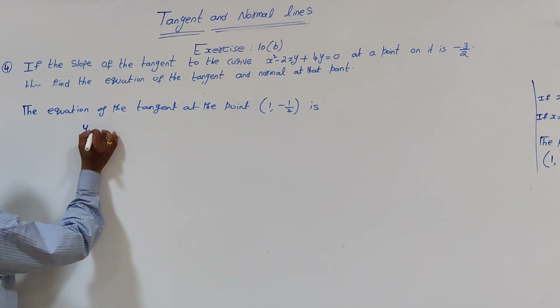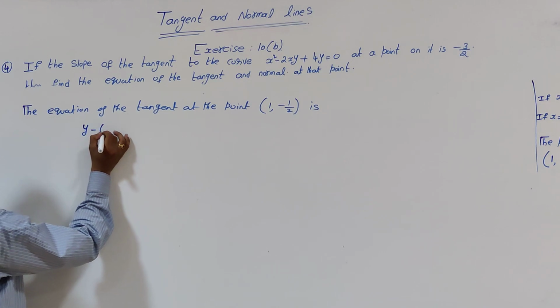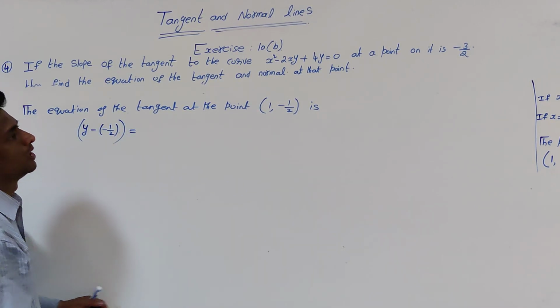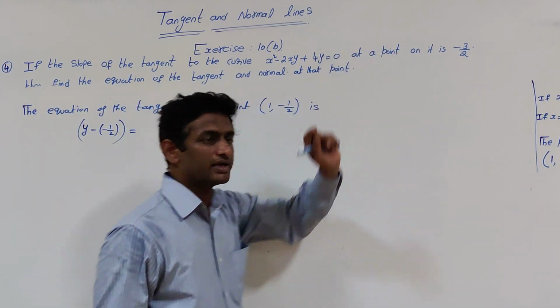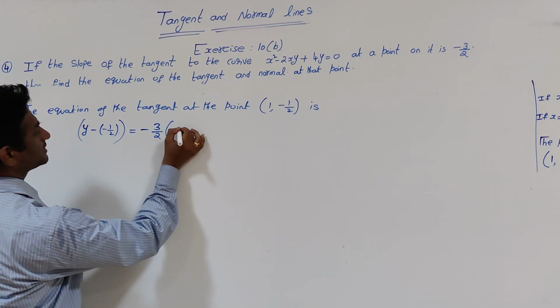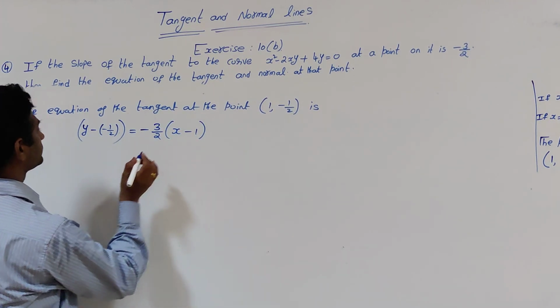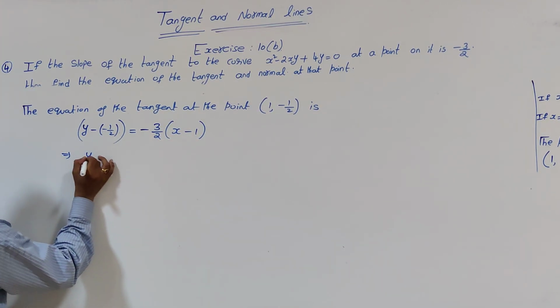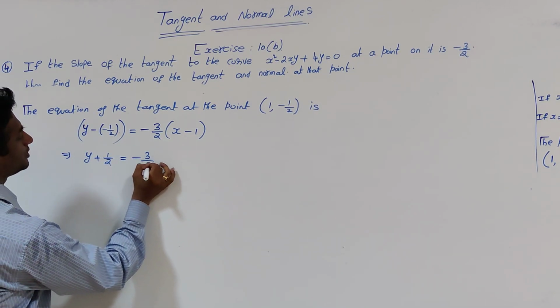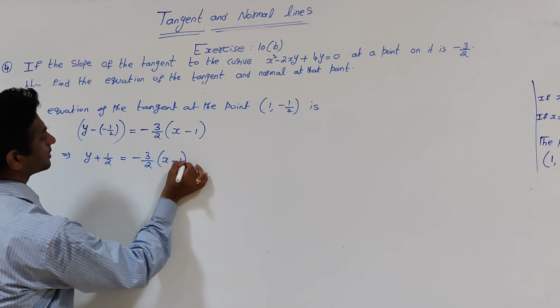So y - (-1/2) is equal to the slope. What is the slope? It is given as -3/2. So it is -3/2 times (x - 1). y + 1/2 = -3/2 (x - 1).